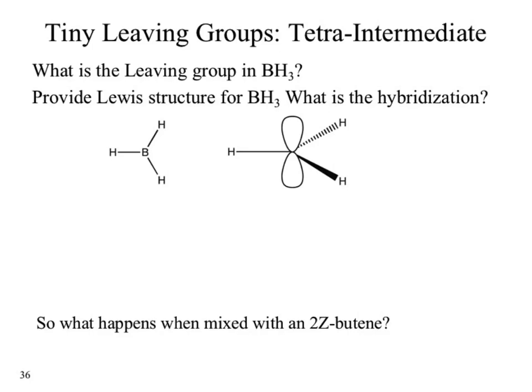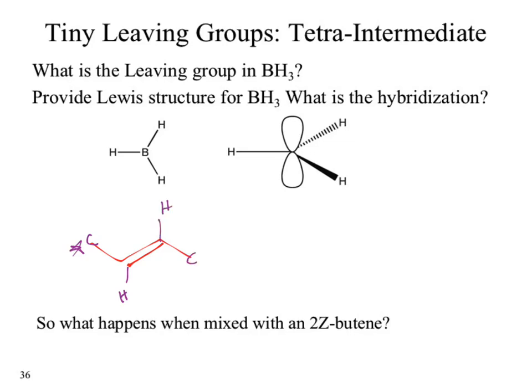What's step one? Probably a good idea to draw 2Z butene. So there's my butene. Position 2, I have a pi bond. It says Z, so I have to make sure I've done the nomenclature appropriately. Okay. Carbon versus hydrogen, star the carbon.